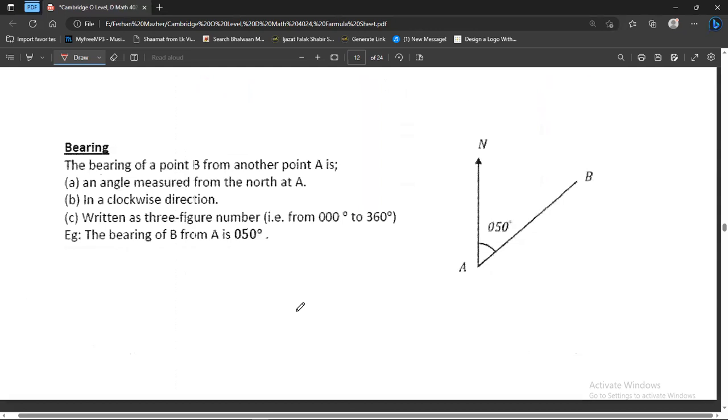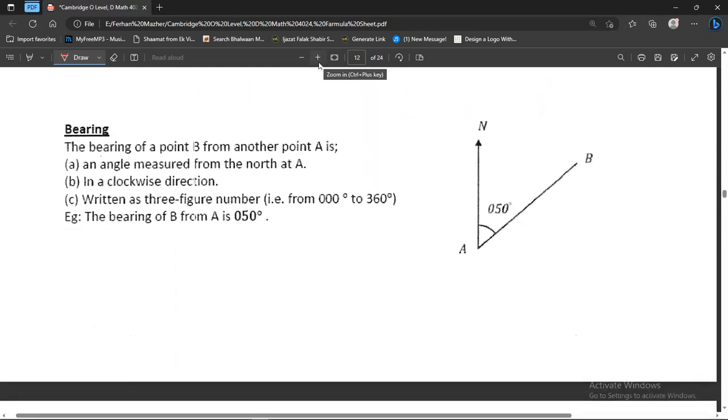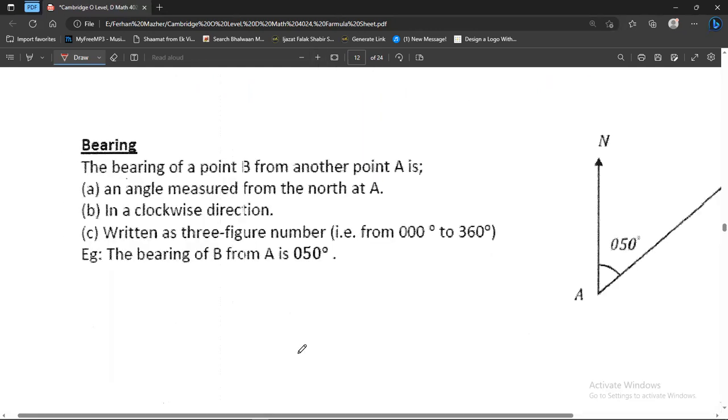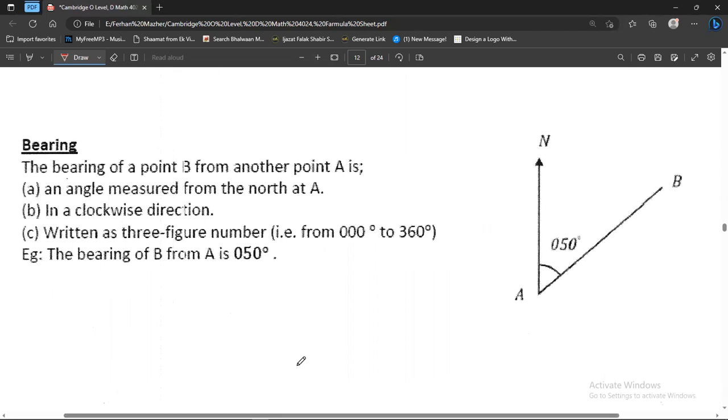So then we have the bearing. What is the bearing? The bearing of a point B from another point A is an angle measured from the north at A in a clockwise direction. So if we want the bearing of B from A, on A draw north, and from that north go clockwise to the AB line.